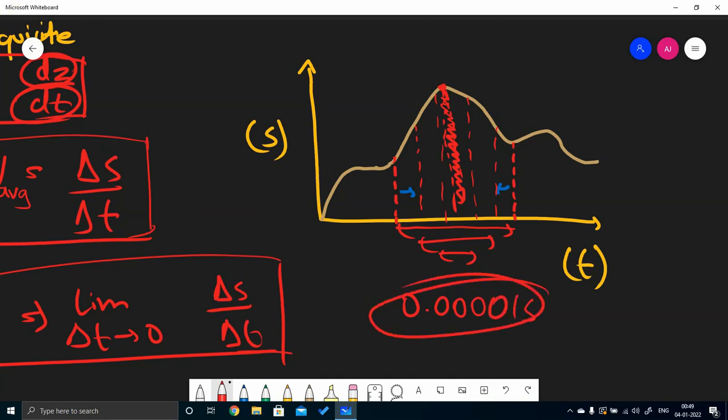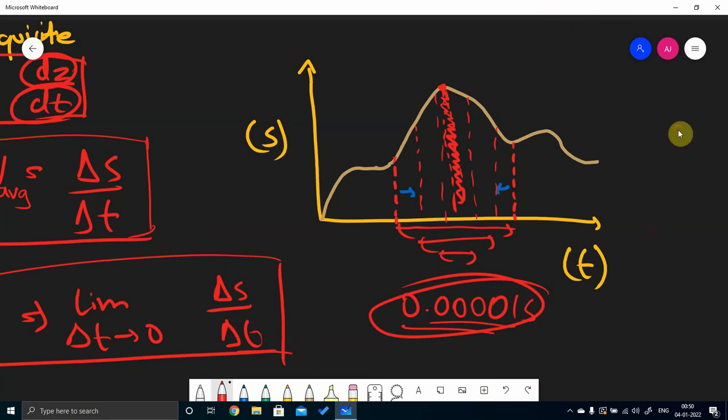So if you see, this quantity is very small, right? So basically what it means is that the average velocity over here would actually be the net velocity of the object. Do you understand what I'm trying to say here? What I'm trying to say is basically that if the time interval is extremely small, right, if it's almost zero, then the average velocity basically becomes the velocity of the body at that instant of time.